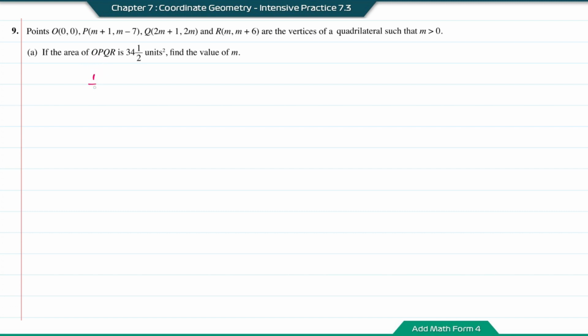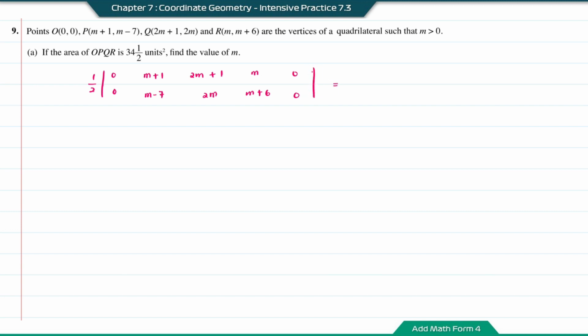So here 1 over 2. Start with the coordinate (0, 0), followed by (m plus 1, m minus 7), then (2m plus 1, 2m), (m, m plus 6), and end with the coordinate (0, 0).